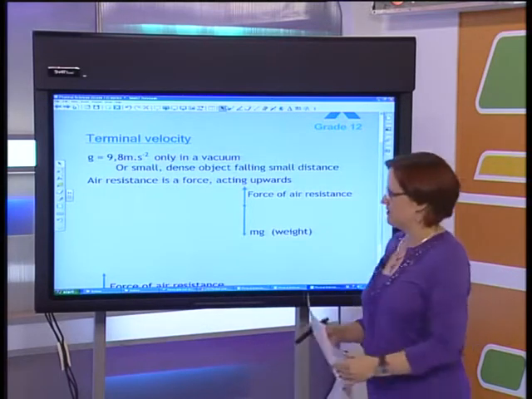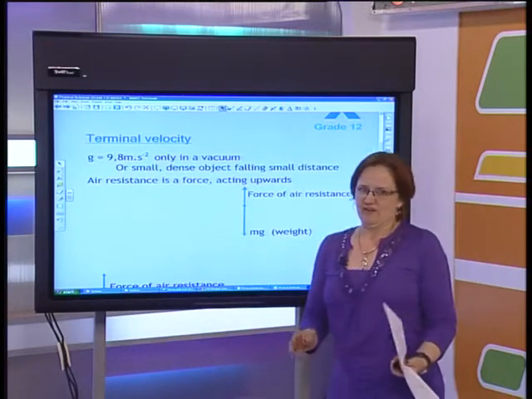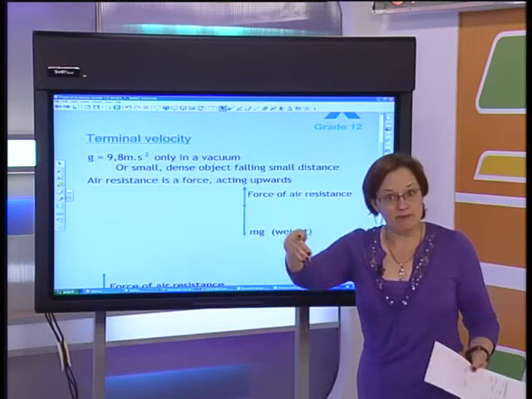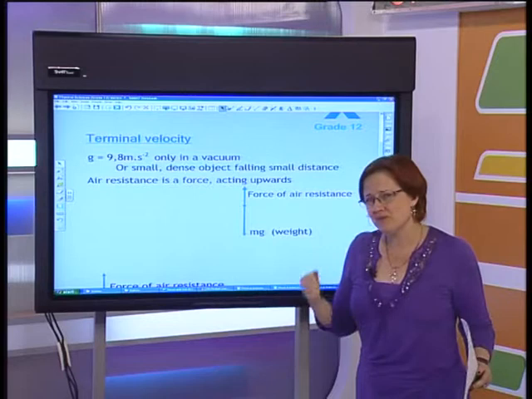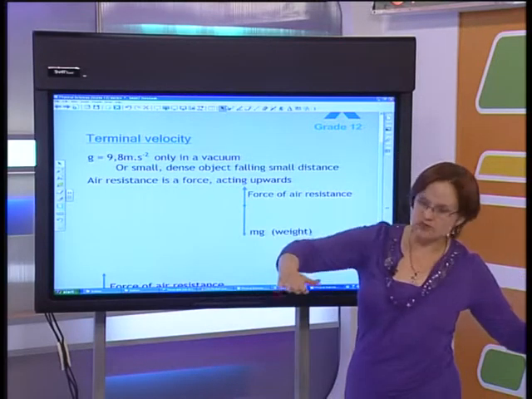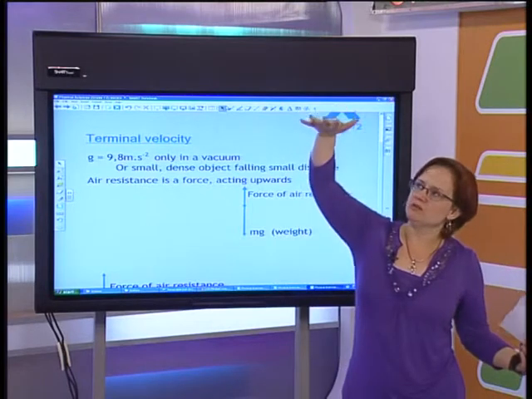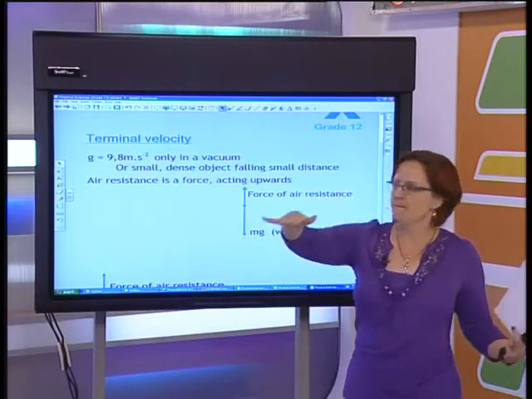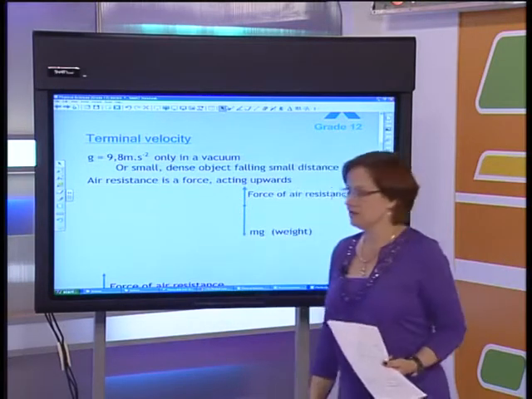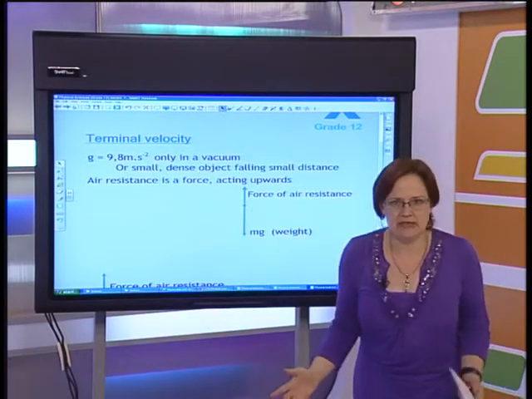Not something I want to do anytime soon. Anyway, so they jump out of an aeroplane, and before they pull their parachutes, I'm hoping you've all seen this, they fall horizontal, and then if you actually watch them, it actually looks like they slow down. But now I'm telling you that they should be accelerating at 9.8. So what is actually happening here?